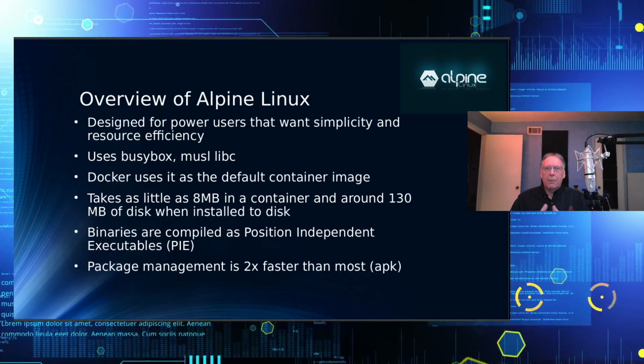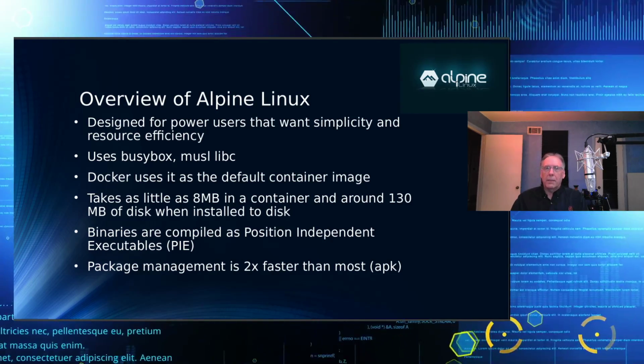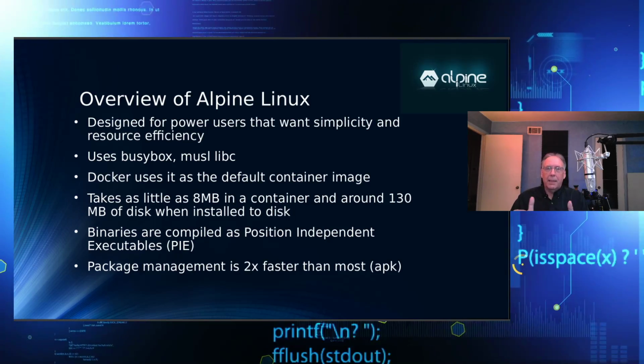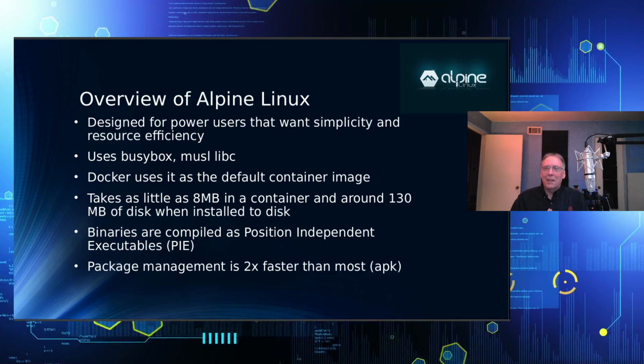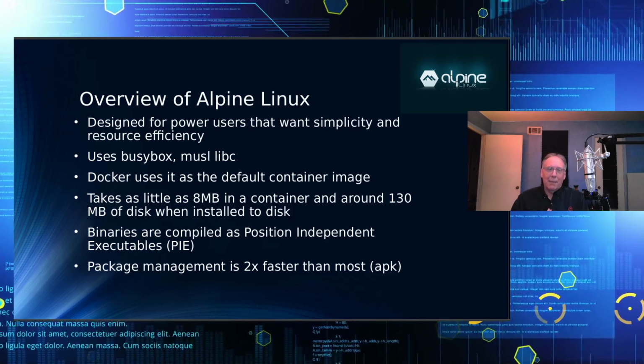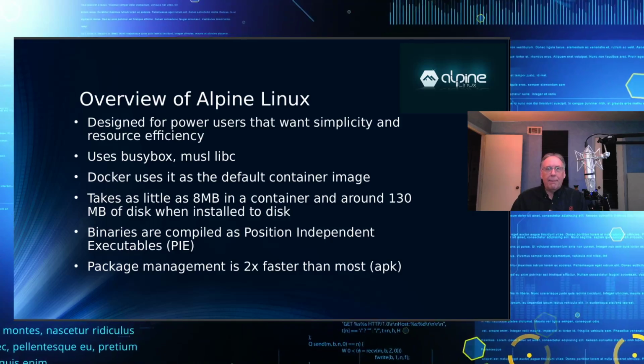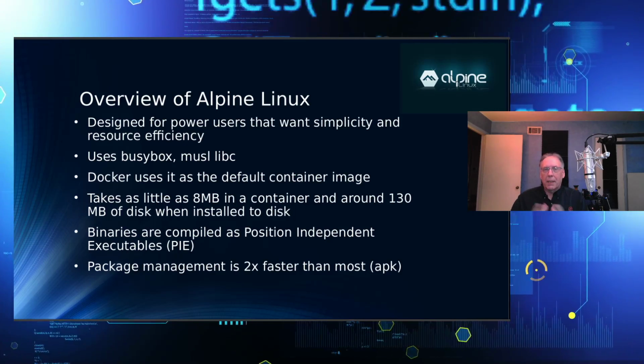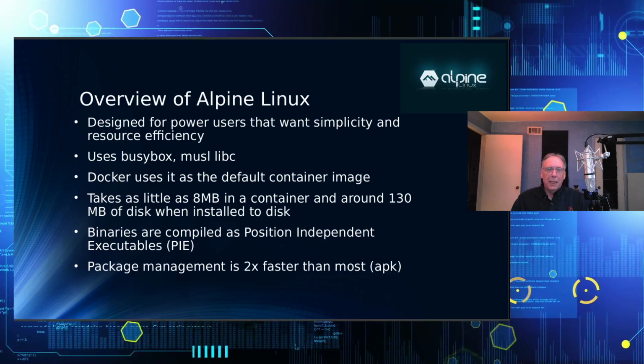Docker uses Alpine Linux as its default image. So when you're installing a Docker image like Hello World or something like that, Alpine Linux is usually included in that build. It takes about 8 megabytes in a container. The container image is very small, of course, because it's relying on the operating system for most of its work.